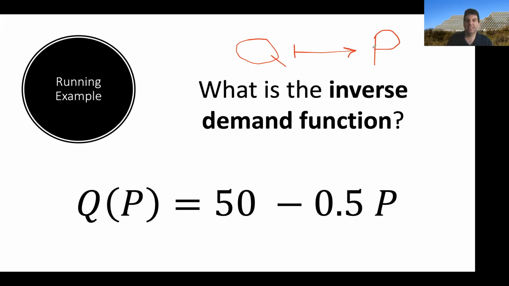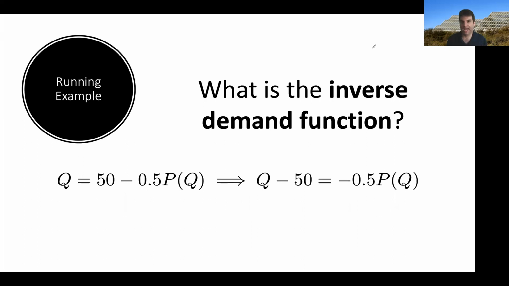We can take the demand function, which is what I've got at the bottom of this slide, and turn it into the inverse demand function with some math that you might remember from high school, perhaps. You basically take the demand function, which is over here.